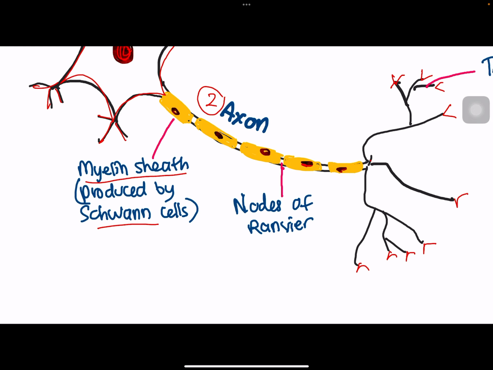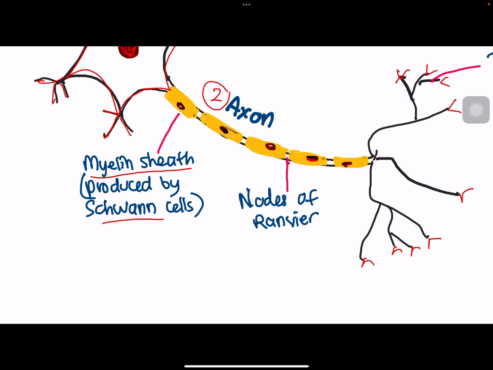However, it does not continuously cover the axon, but leaves some spaces in between the sheath. These uncovered or exposed spaces of the axon are known as the nodes of Ranvier. Now, the nodes of Ranvier are very important because they speed up the impulse transmission down the axon.